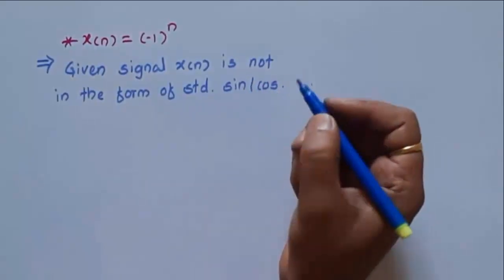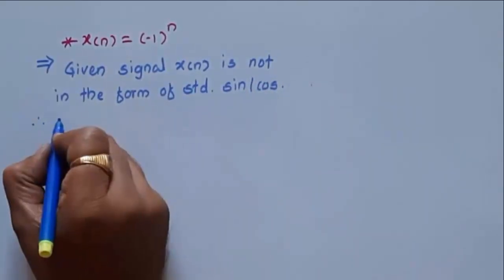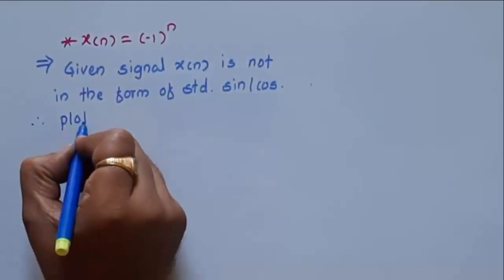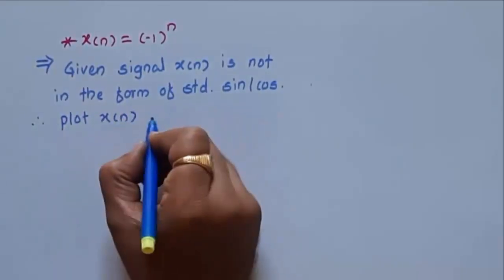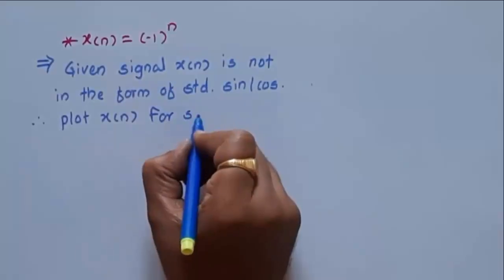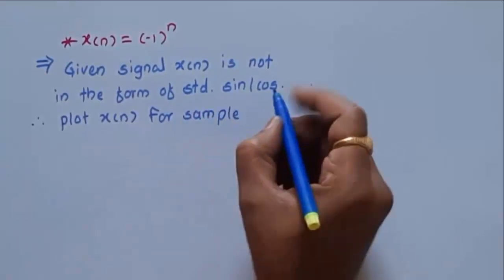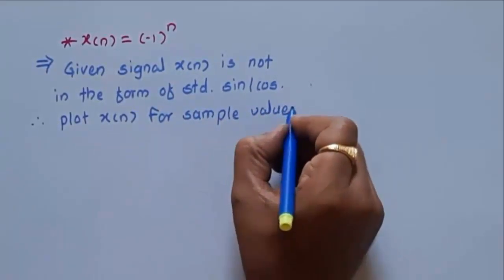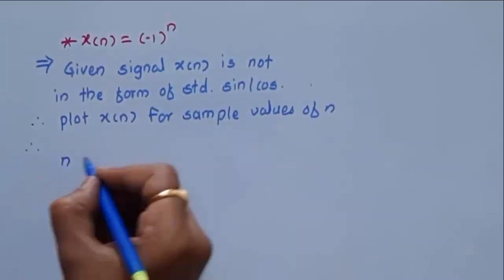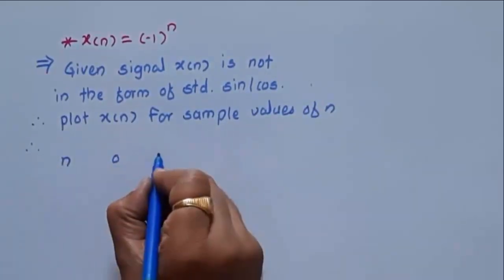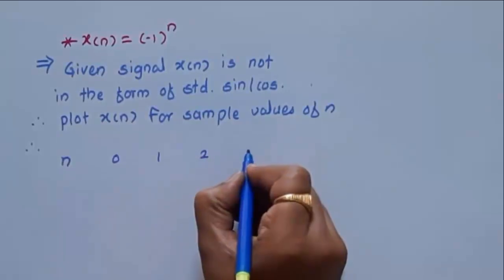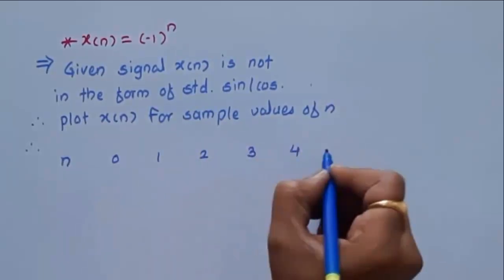Hence, to check the periodicity of such signals, we will plot x of n for some sample values of n, that is, for n is equal to 0, 1, 2, 3, 4, 5.